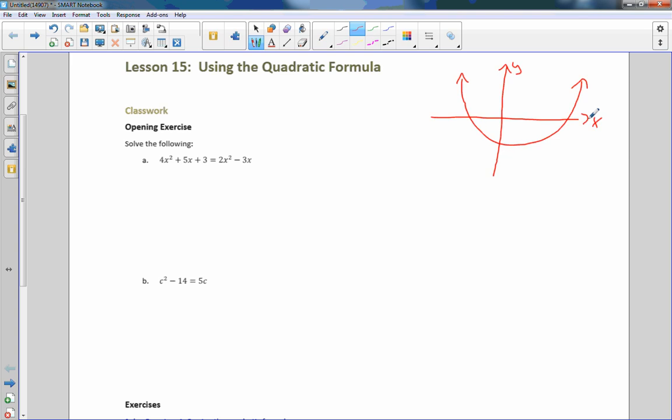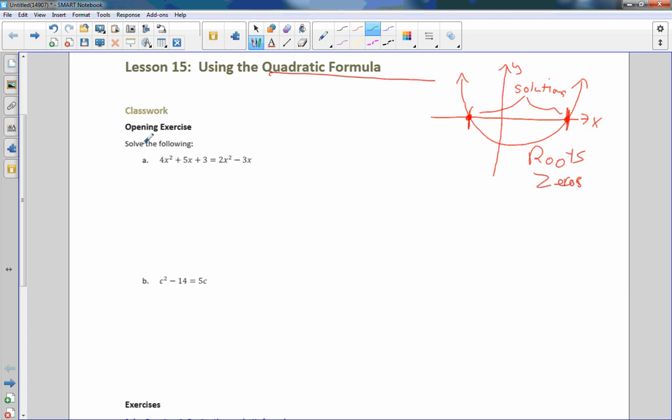So if this is my graph, and this point right here and this point right here are our two solutions, or roots, or zeros, okay, that means all the same things: roots, solutions, and zeros. So wherever this value is and wherever this value is, we can find using our quadratic formula.